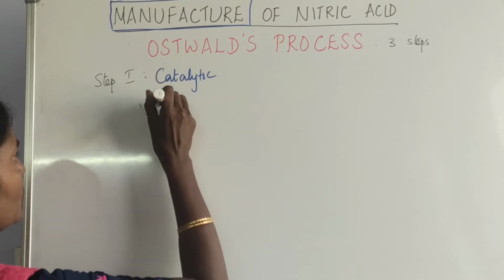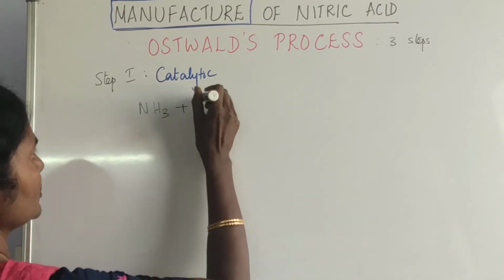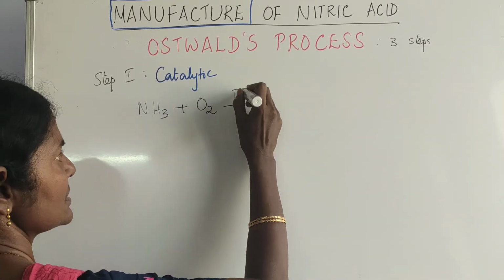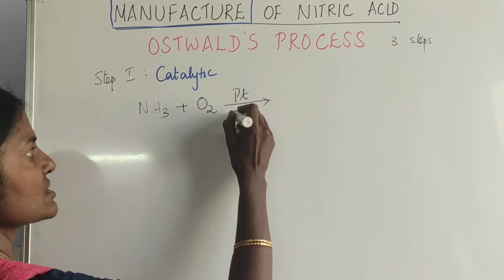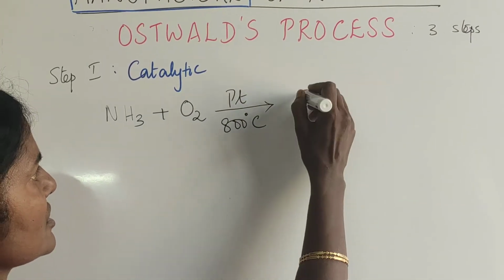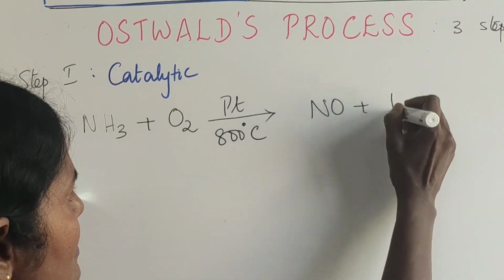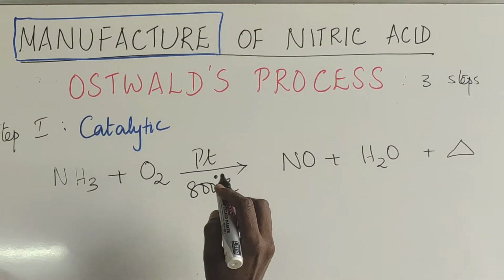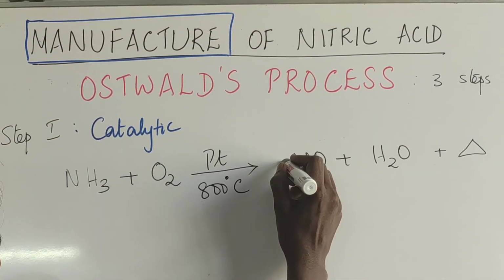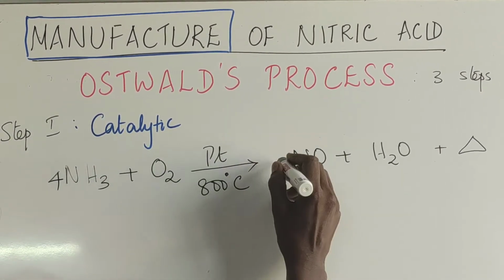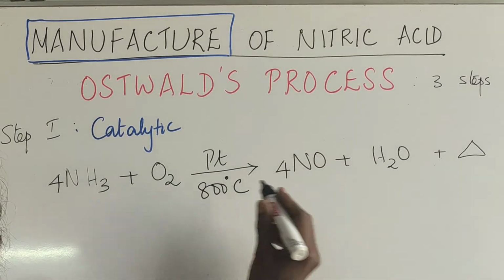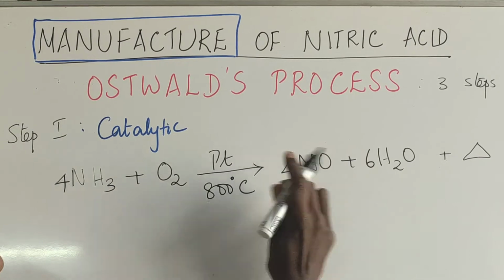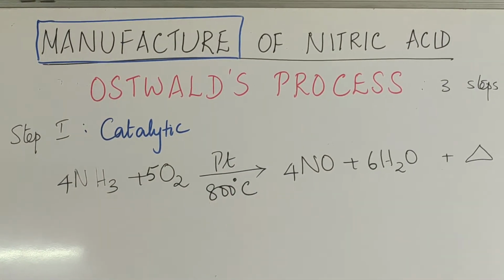So we take ammonia, which is burnt in oxygen in the presence of a catalyst like platinum, and the temperature is around 800 degrees, to give nitric oxide and water vapor plus a lot of heat. Over here, 12, so 6 here, 6 plus 2, so there are 5 oxygen molecules.